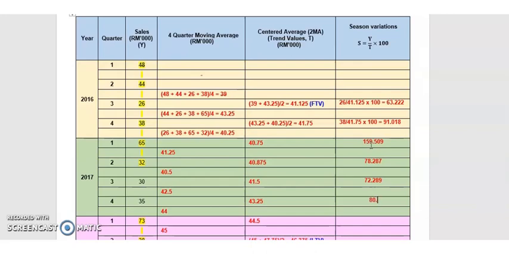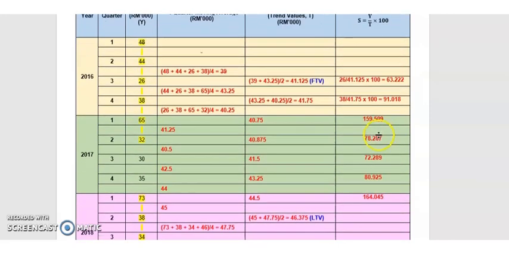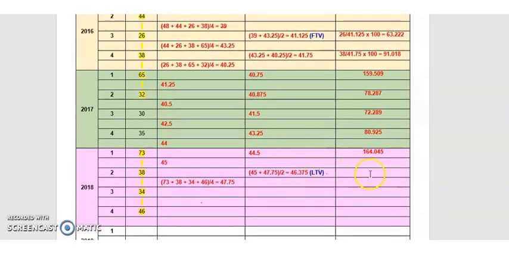Then 80.925. Next, 164.045. And the last one is, so this is the last trend value. So your last value for seasonal variations will end here. So 81.941.